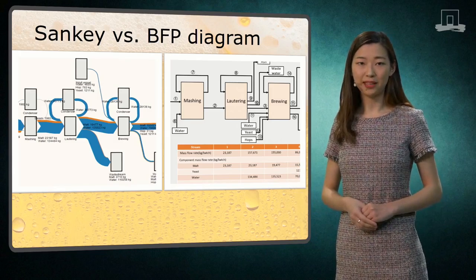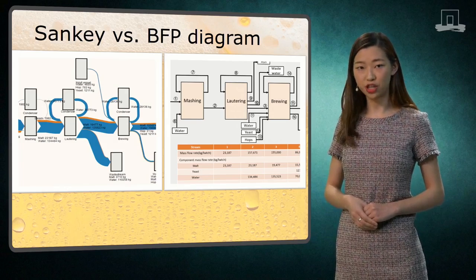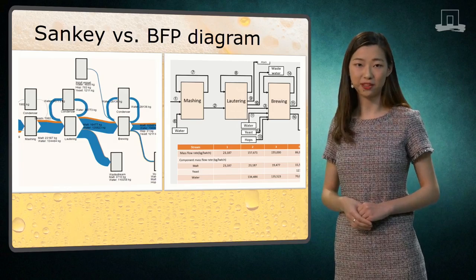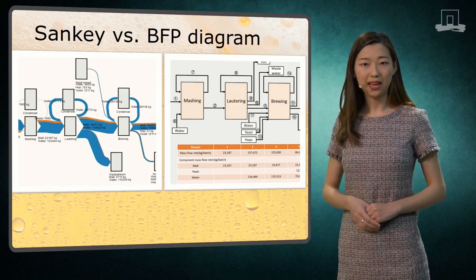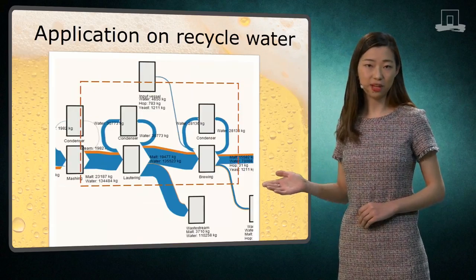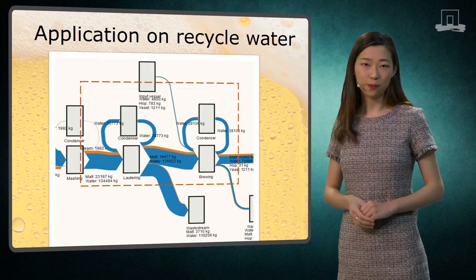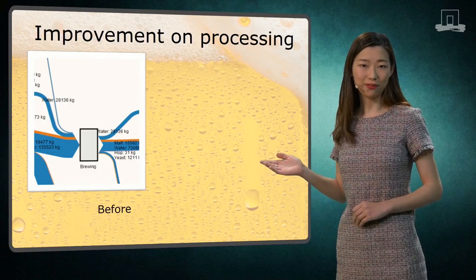As the Sankey diagram gives a good visual overview, it also provides possible direction on the future processing improvement. For example, in brewing process, here, our factory design contains a system using recycled water. Actually, the factory processing used to be like this graph.